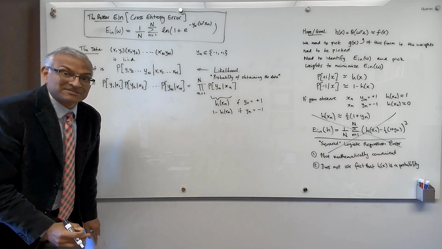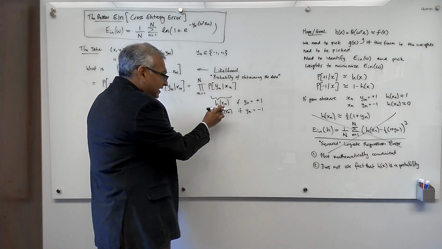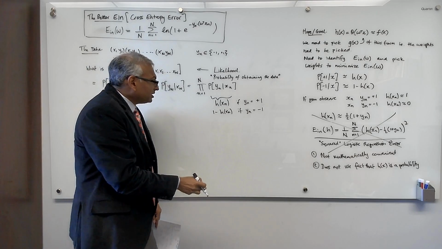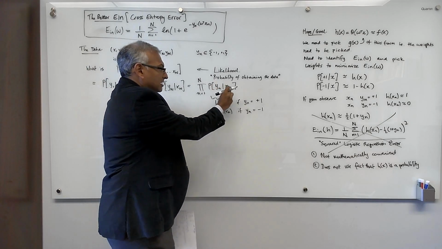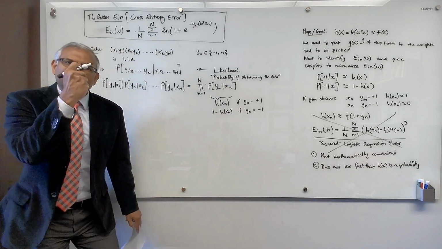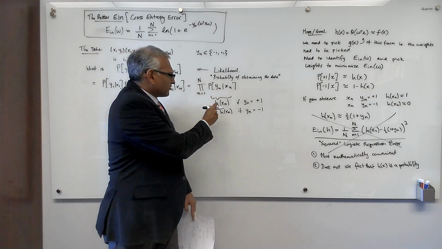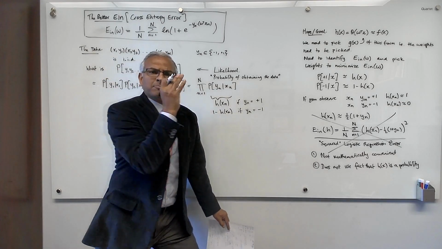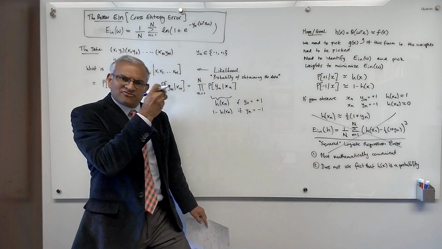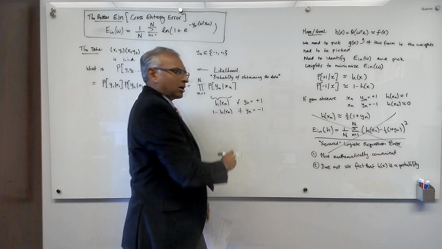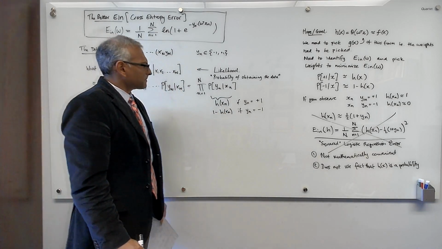Because that's what H is. It is the probability of observing y given x. Here we are intimately using the probabilistic interpretation of H, the fact that H is outputting a probability.